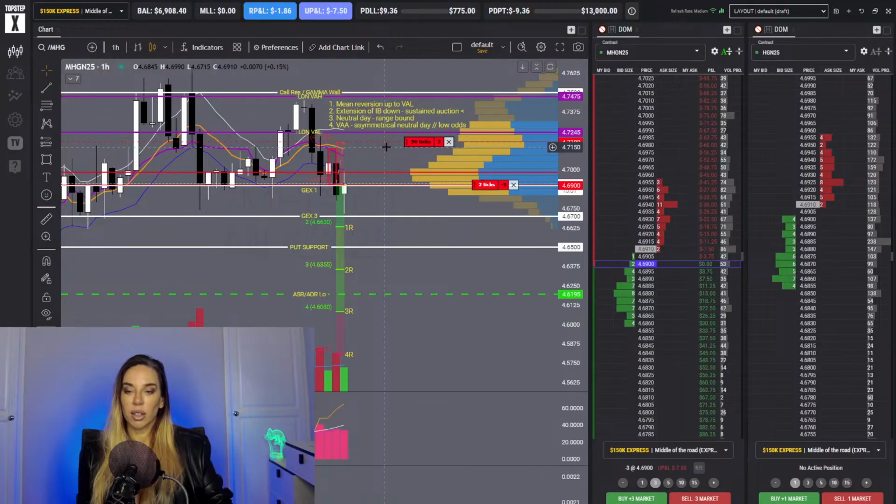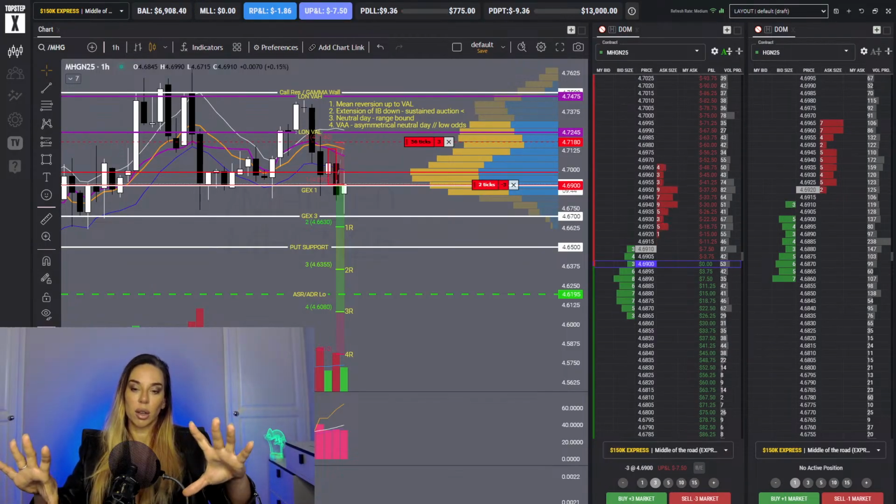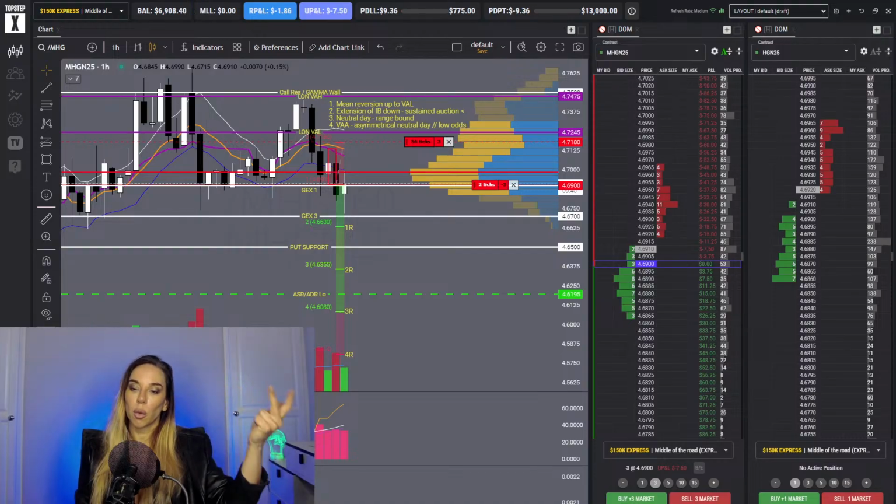And I don't necessarily even need to do a plan, but I still like to have it visually and to also illustrate how my hypos work and why they work. Because they're not random hypos, they're based on the probabilities of what can happen in this particular environment based on the initial balance extensions, where we opened, where VWAP is, and all that other good stuff.